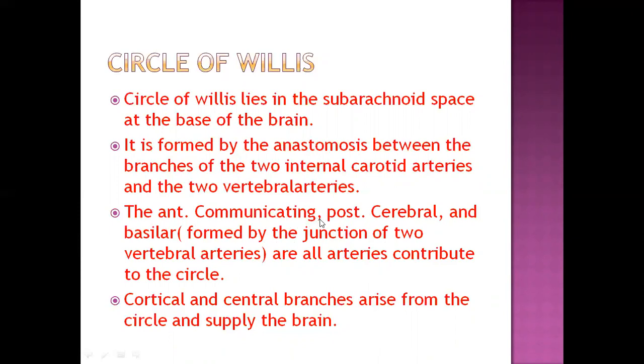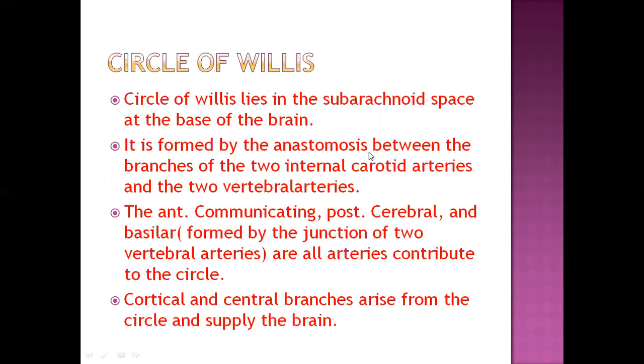Cortical and central branches: I already described the difference. Cortical branches are present over the surface of the brain, and the central branches supply the internal structures of the brain, the masses of gray matter and the internal capsule, arising from the circle. Whenever a small artery is blocked due to atherosclerosis or any other cause, due to the anastomosis of the circle of Willis, that blocked artery is bypassed and its area is supplied.